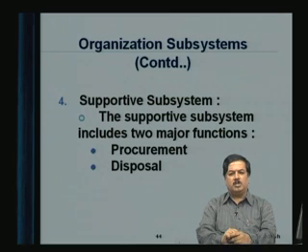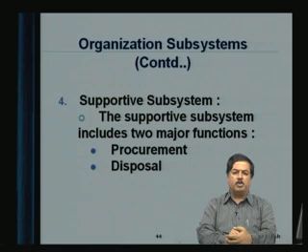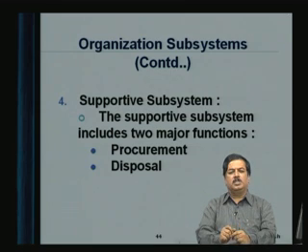Then one should also talk about the supportive subsystem. The supportive subsystem includes two major functions, procurement as well as disposal. When we are talking about supply chain management today, we are really talking about the procurement systems. In fact, today the argument in business is that everybody can have locational advantages, and everyone will also have technology advantages.